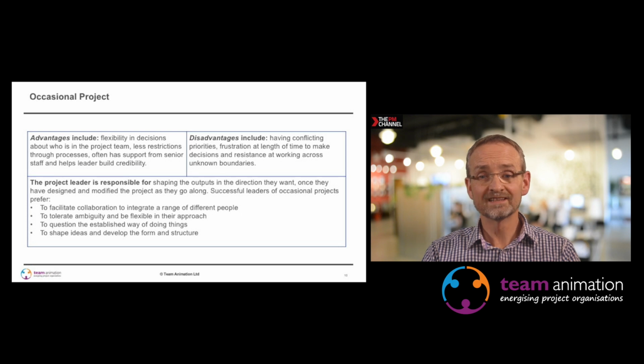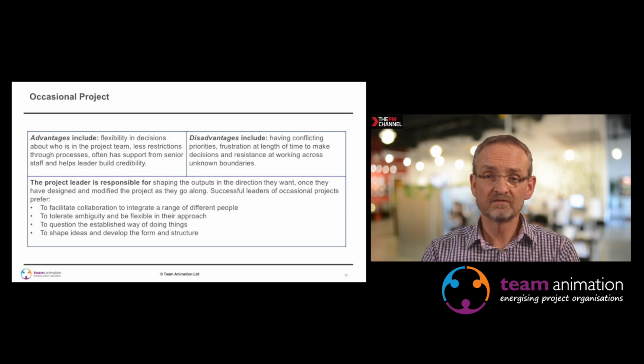And the project leader is responsible for shaping the output in the direction they want. It's not fully defined, so they need to do more shaping. And the successful leader of occasional projects facilitates collaboration to integrate ranges of different people. You want to bring in that diversity. You've got to work to bring the different types of people together and bring them in.